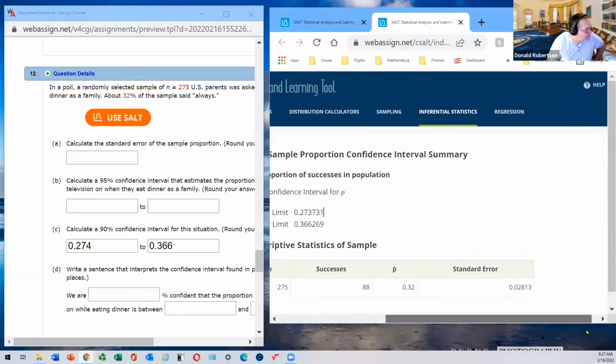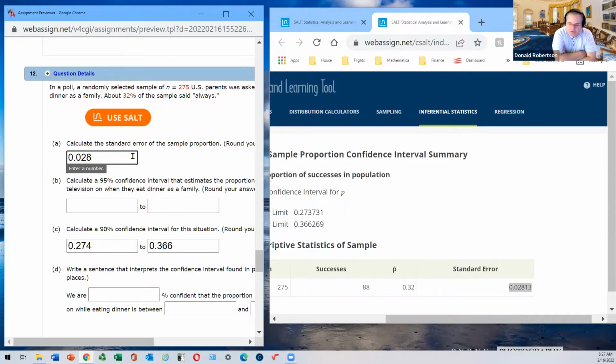And if you just scroll, there's your standard error. Hopefully I caught that. And to 3 decimal places. And that's pretty much, I think, all you need to know on how to use SALT on a single proportion.